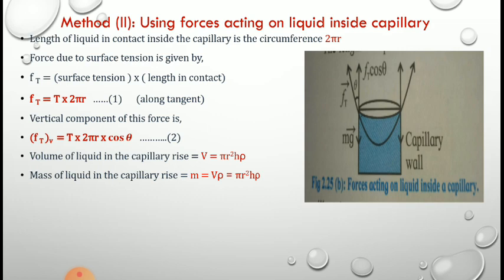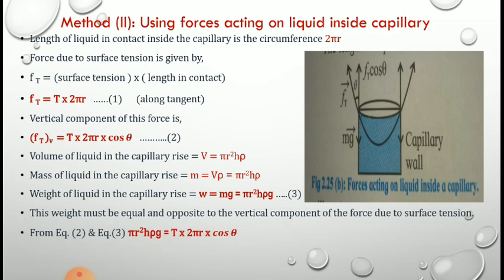So it is pi r square h rho. The weight of the liquid in the capillary rise is given by W is equal to mg. So weight is given by mg, where m is the mass. So substituting the value of m, we get pi r square h rho g, represented by equation 3.